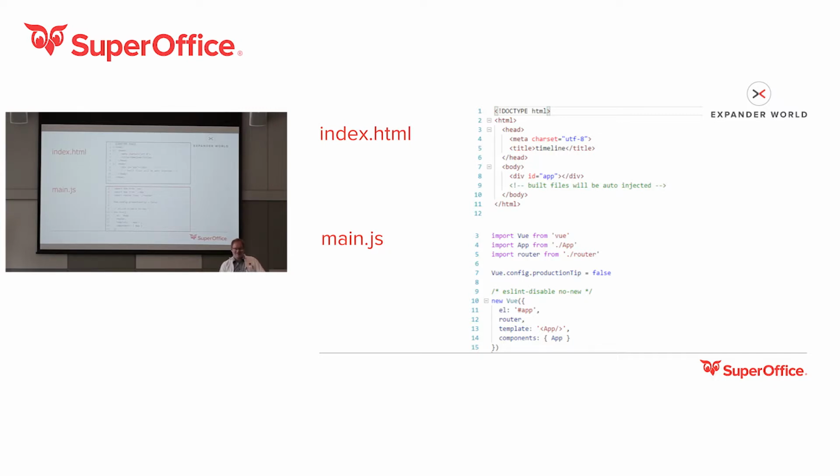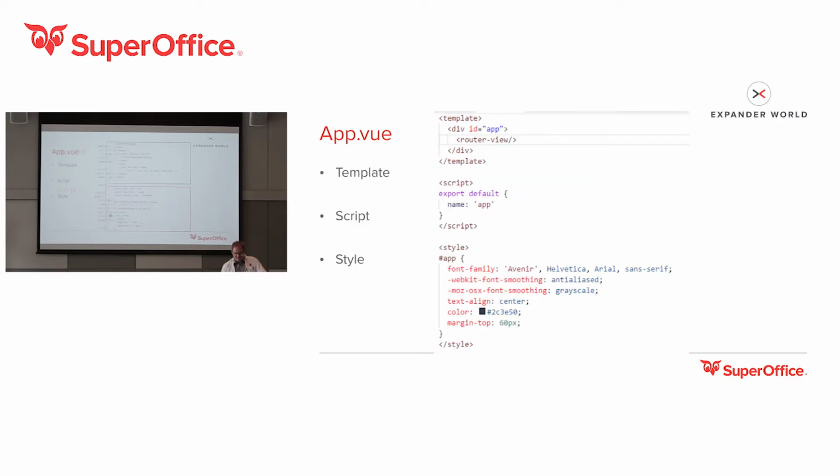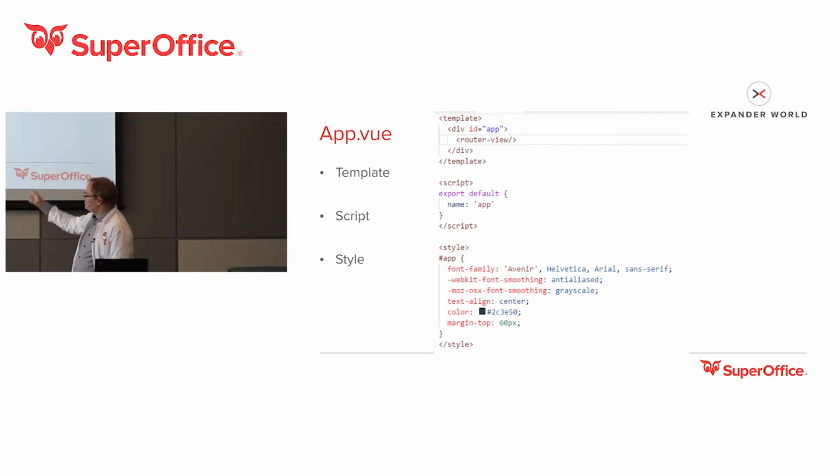So what is this app thing, right? The app itself looks like this. It's one file called App.vue. It's got 3 sections to it, basically, and all these Vue components have the same structure. There's a template, there's a script, and there's some CSS. So in this case, the app basically says, show whatever the current view of the router is decided on here.